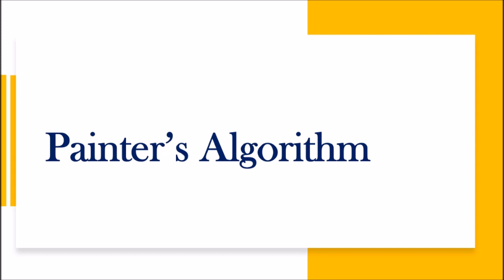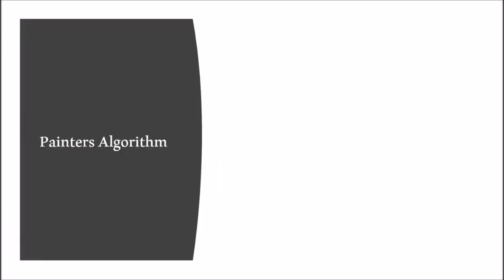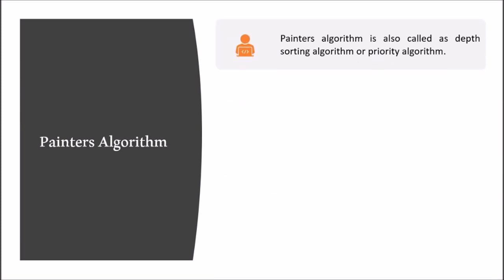So what is meant by Painter's algorithm? Painter's algorithm is also called the depth sorting algorithm or priority algorithm. In Painter's algorithm, you are sorting the polygons according to the distance, meaning depth, hence it is called the depth sorting algorithm.